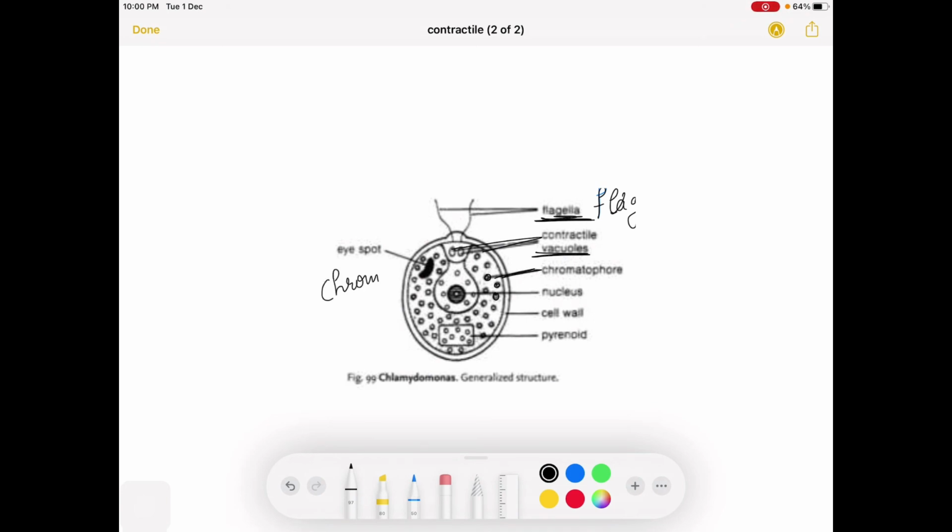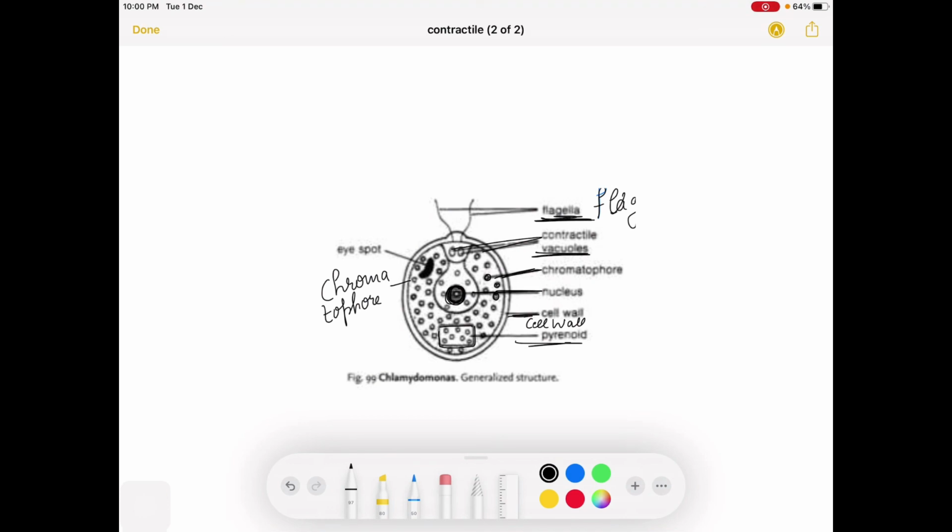These are chromatophores. This center one is the nucleus, and there is the cell wall. This is the cell wall, and this is the reserve material, actually pyrenoid bodies.